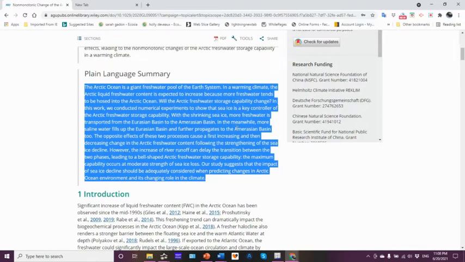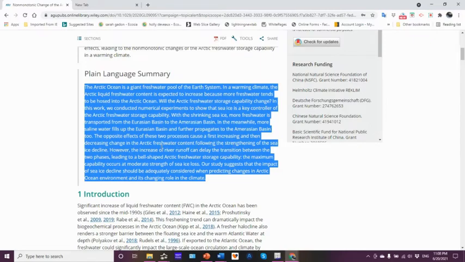In the meanwhile, more saline water fills up the Eurasian basin and further propagates to the Amerasian basin as well. The opposite effects of these two processes cause a first increasing and then decreasing change in the Arctic freshwater content following the strengthening of the sea ice decline.